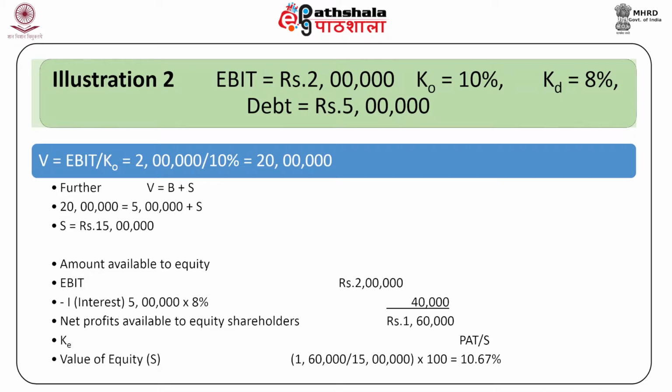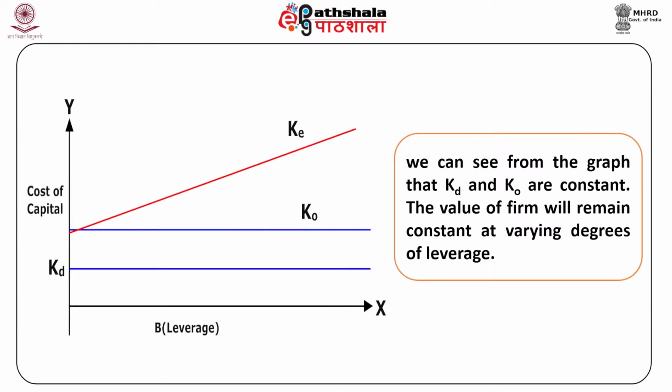Now KE is determined by dividing PAT by S. So KE is 1,60,000 divided by 15 lakhs multiplied by 100, equal to 10.67%. Now in this graph, you can see clearly that KO and KD are constant, while the cost of equity increases, that is KE increases with the increase in leverage.